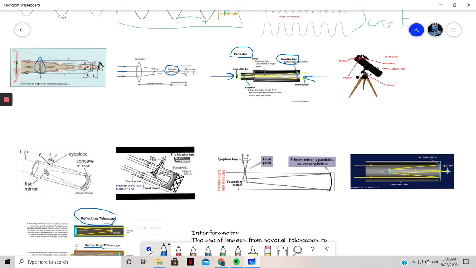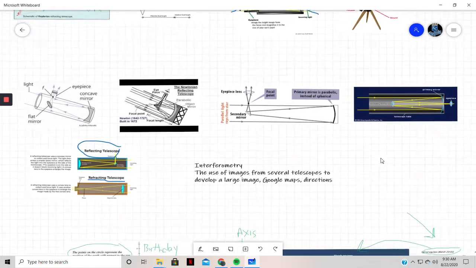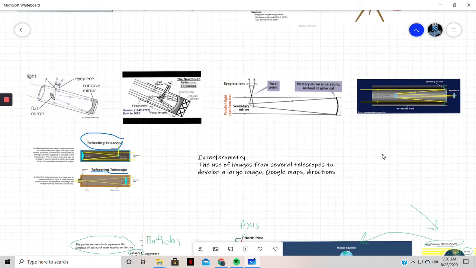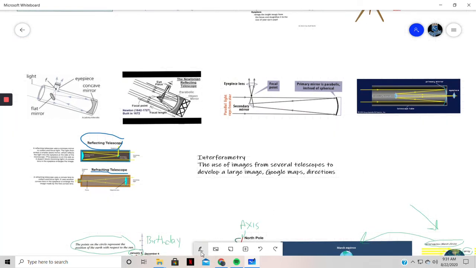So let me close out the ink tray and slide this up so we can look at reflecting telescopes. Again, pull my pen up here and got my nice blue. Now we're looking at reflecting telescopes.